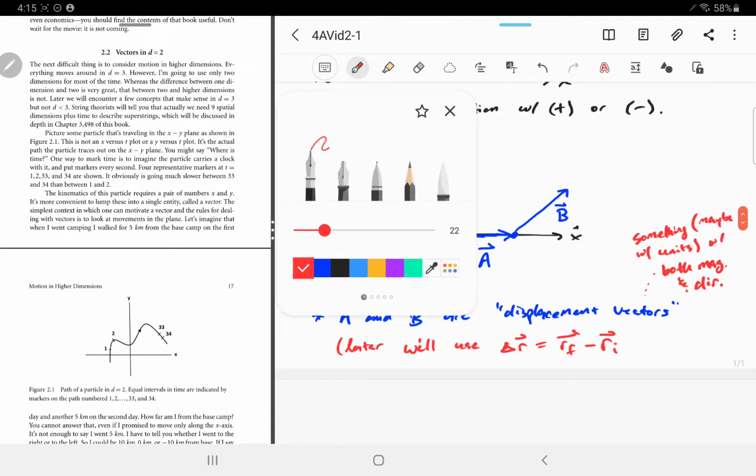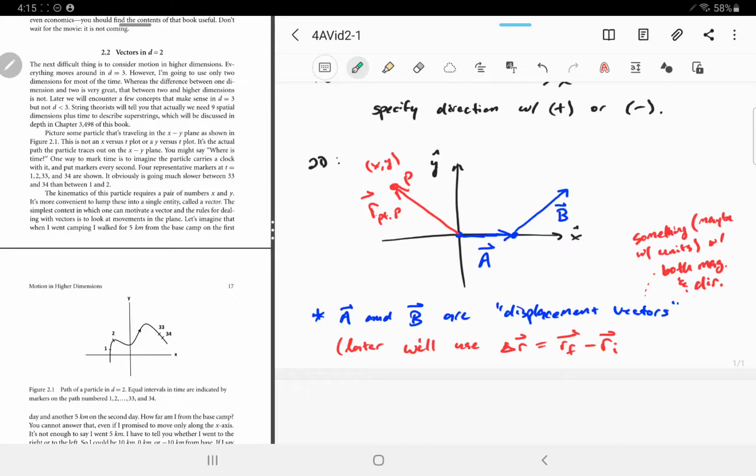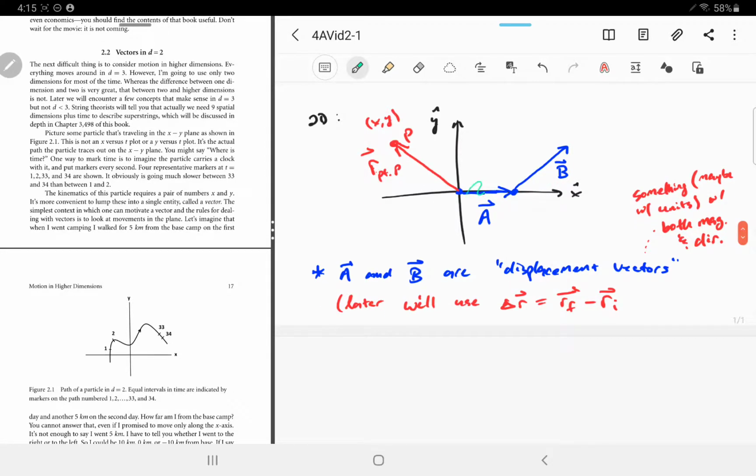Another thing I want to point out, I'll just keep doing different colors until I run out: we can add vectors. So we can add these displacements. If I walk to the right and then walk up and right, in the direction and with the magnitude represented by displacement vector B, then where am I overall? Relative to my starting point, this is where I'm at.